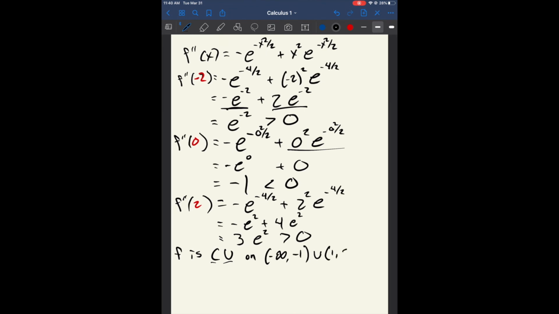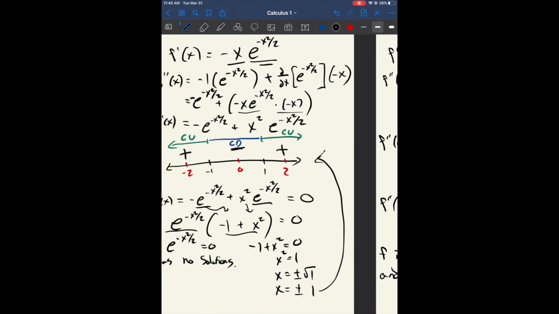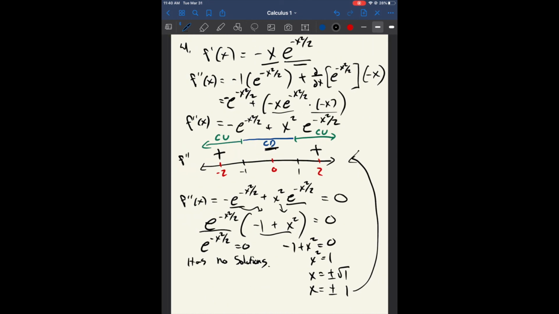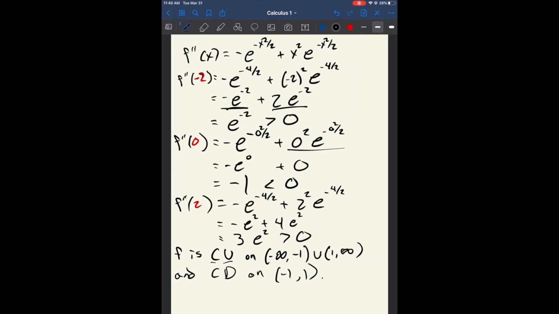Okay, so from 1 to positive infinity. And it's concave down on the interval in the middle, right? So in the middle, it was from -1 to 1. Okay, and you can see that from our number line right here, from -1 to 1, we're concave down. Okay.